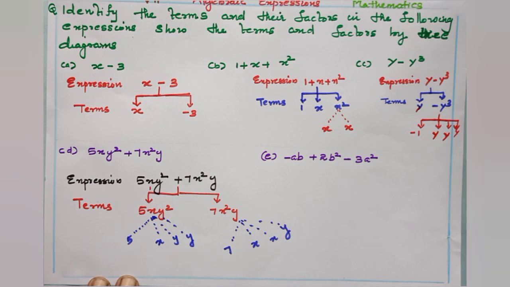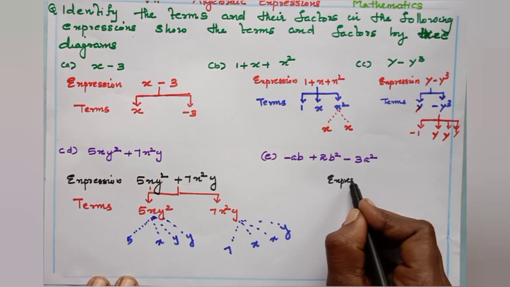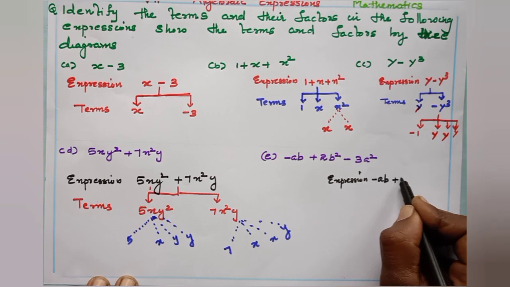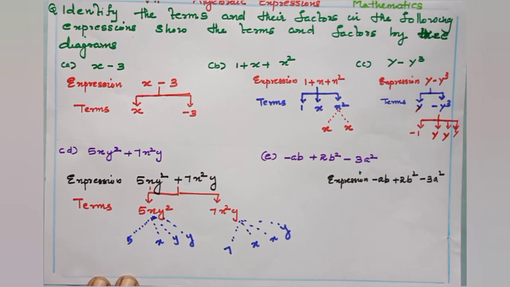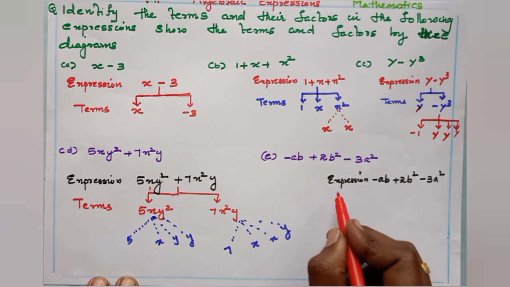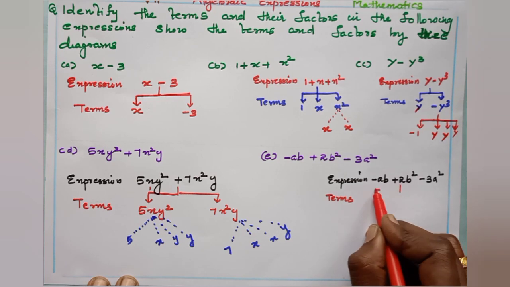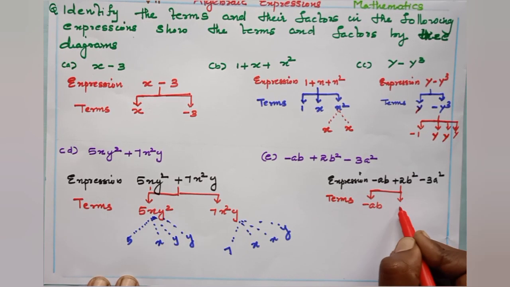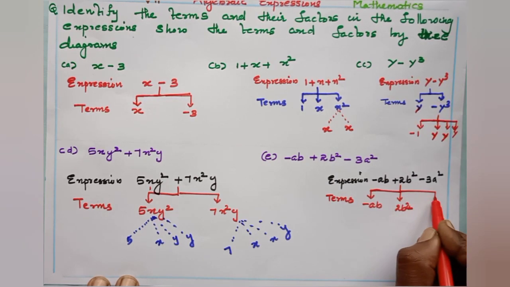Then next, the given algebraic expression is minus ab plus 2b square minus 3a square. Then write the terms. How many terms here? Yes, 3 terms. The first term is minus ab, the second term is 2b square, then the third term is minus 3a square.